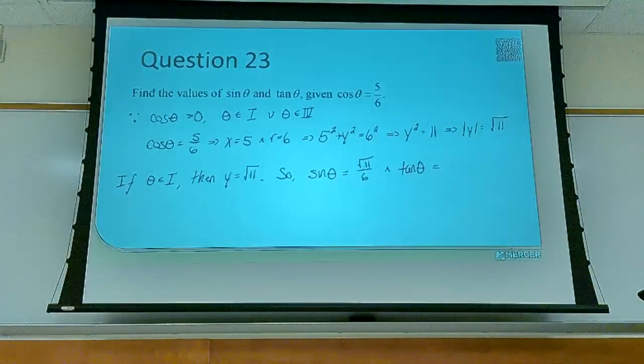Do you have to do that for each quadrant? Well, we don't have all the possible quadrants, because cosine's positive, which limits what we can do. And you have it, that is if it's in quadrant 1.